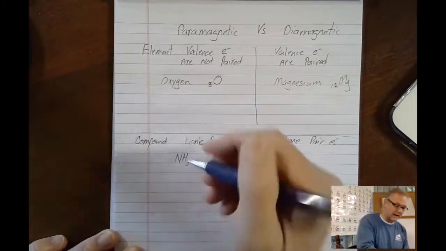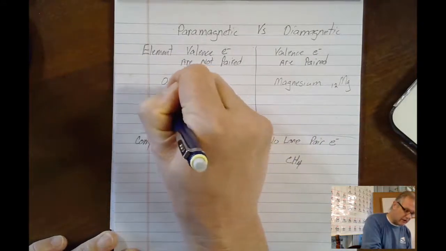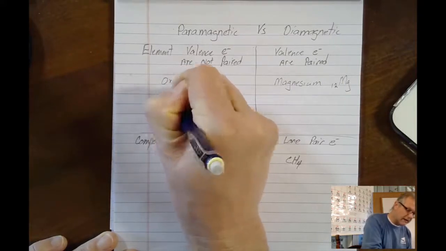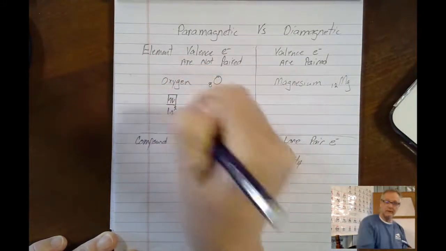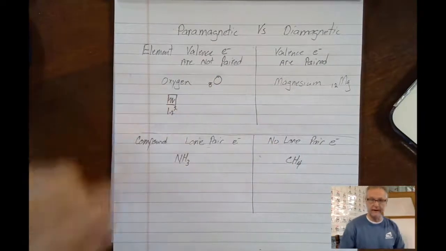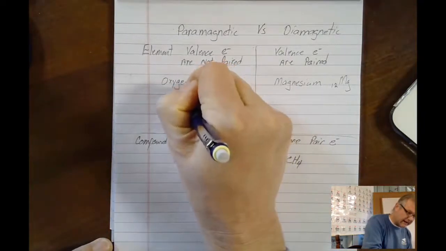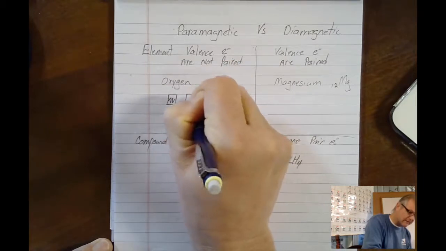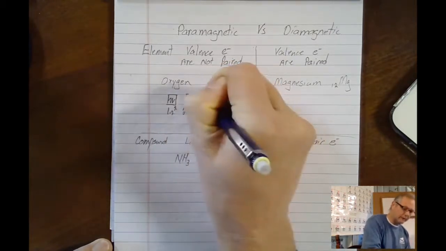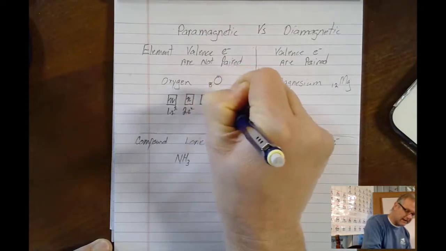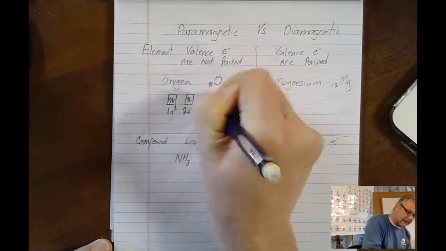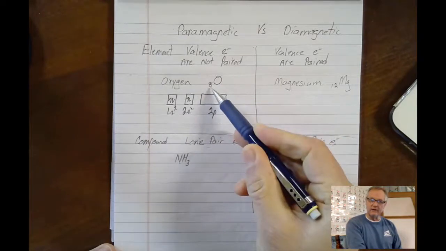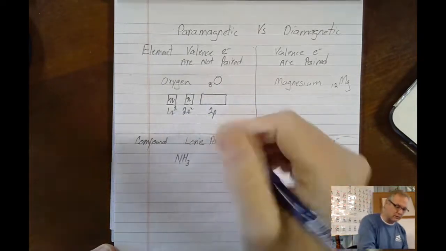Then I get a 2s2. And again, both of them are paired. Then I get a 2p, and I only have 8 electrons. So I've done 1, 2, 3, 4, so I only need 2p4. Whenever I make this into my little orbitals, I know that my electrons are going to go into those rooms one at a time before they start filling them up.